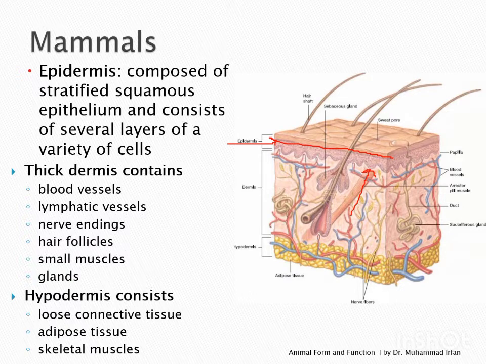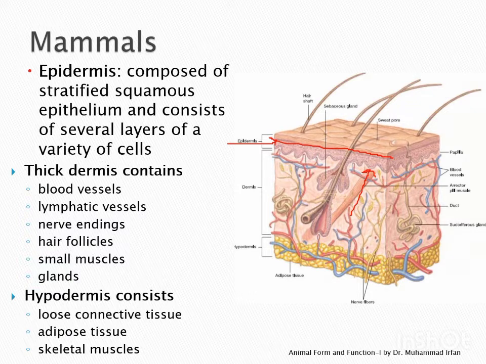There are a few other types of cells, like melanocytes that have pigment in them, Langerhans cells that are part of the immune cells, and Merkel cells that are nerve endings for sensation, for touch and pressure.